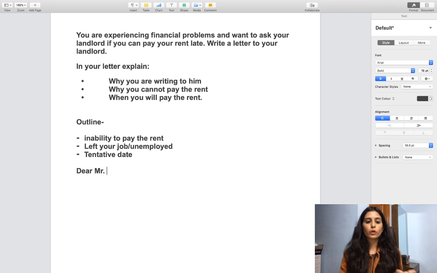So dear followed by Mr. or Miss or Mrs., and then you write the last name or the surname of the person you're addressing the letter to. So here it could be dear Mr. Smith. So Smith is a last name, or in case of Indian context, you can say dear Mr. Sharma or anything of that sort. So here, dear Mr. Smith.